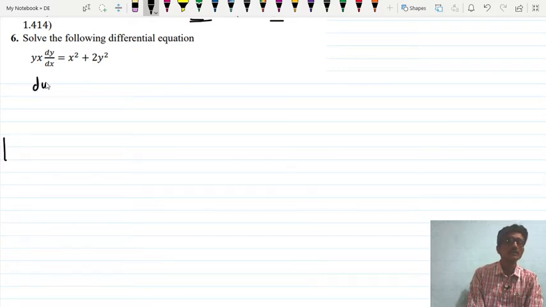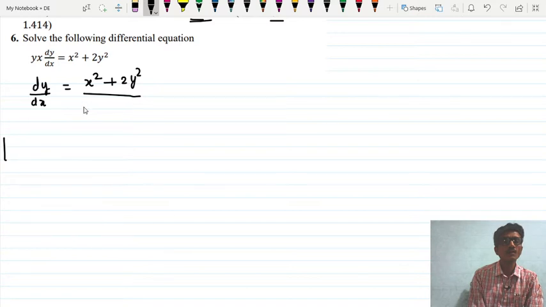This differential equation we can put as dy by dx equal to (x square plus 2y square) upon (y into x).